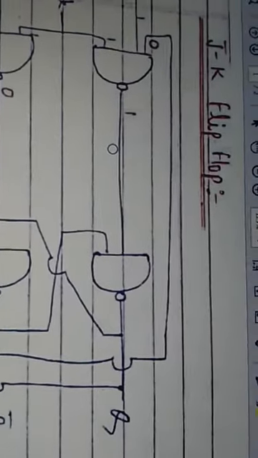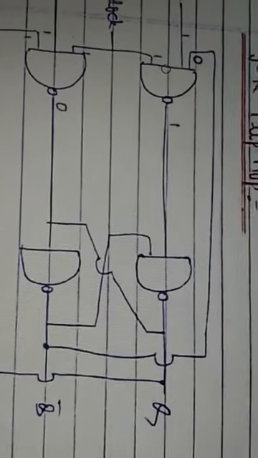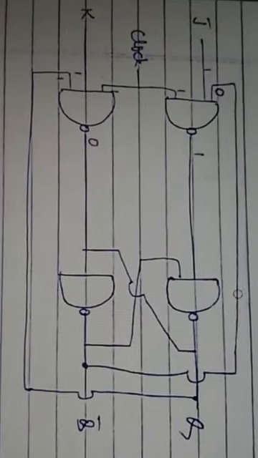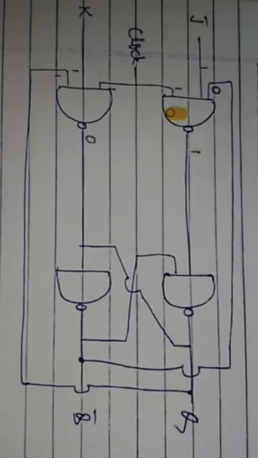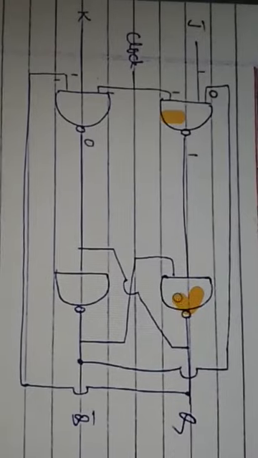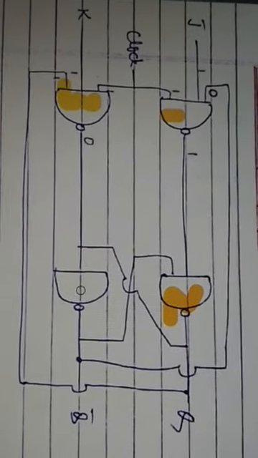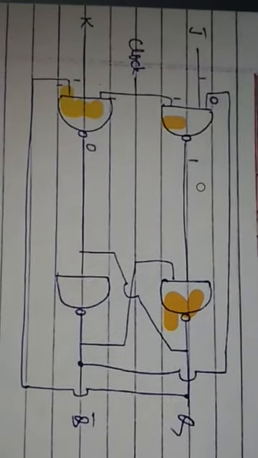This is the circuit diagram of the JK flip flop. Here are 4 NAND gates: this is NAND gate number 1, this is number 2, this is number 3, and this is number 4.